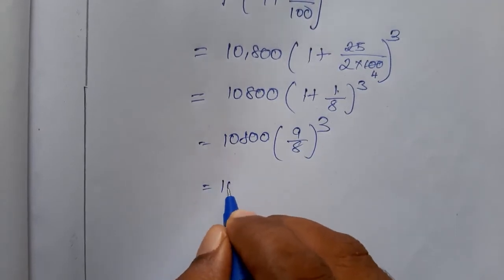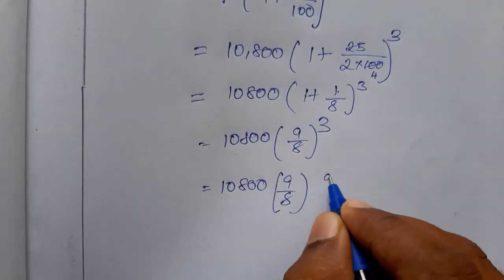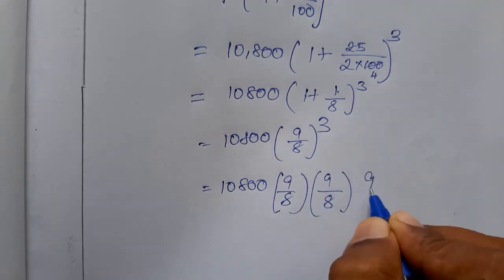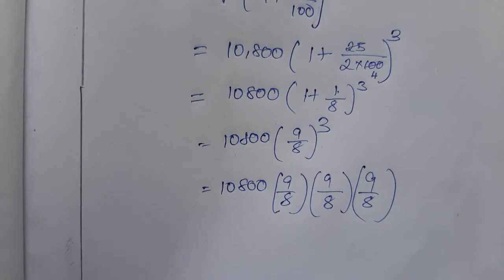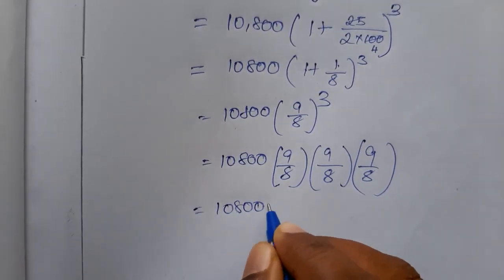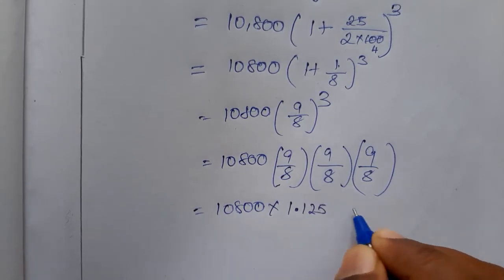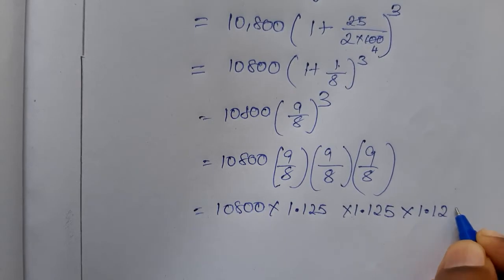That means 10,800 into 9/8 raised to the power 3, so we have to multiply it 3 times. 9 divided by 8 we get as 1.125. So 10,800 into 1.125 into 1.125 into 1.125.